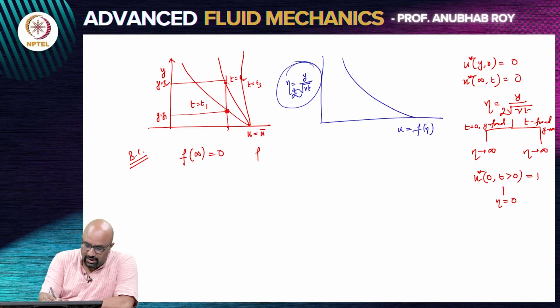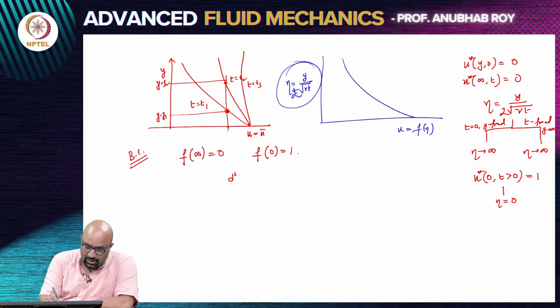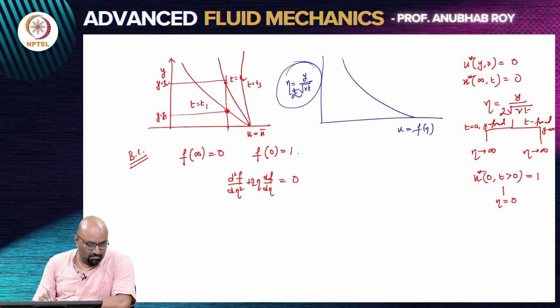So, the other boundary condition is f of 0 is equal to 1. So, you have a second order differential equation, d square f d eta square plus 2 eta df d eta is equal to 0, with these two boundary conditions that have to be solved. So, it is not too hard. You can effectively integrate this and solve this equation.